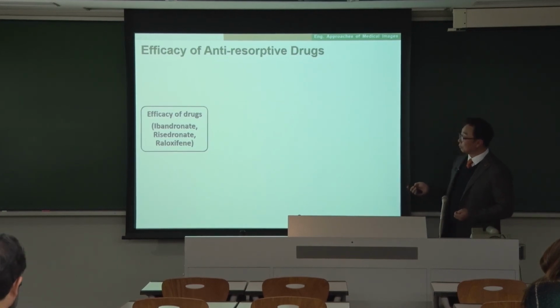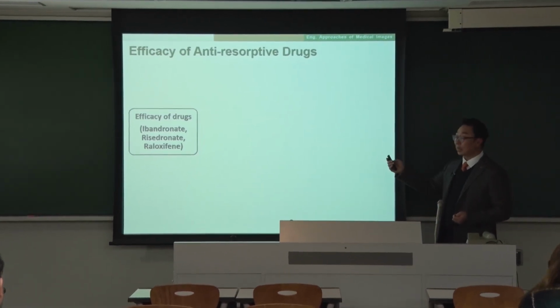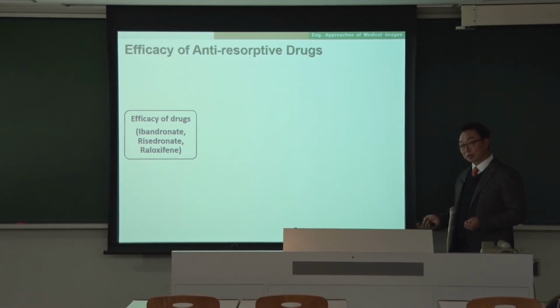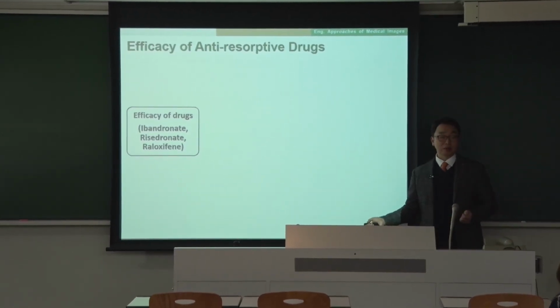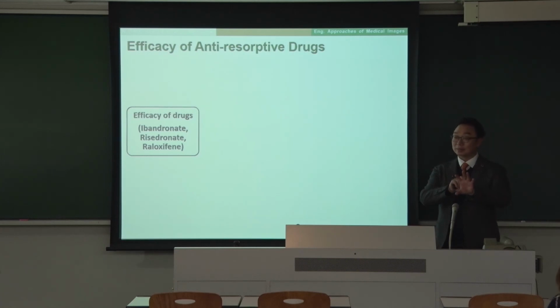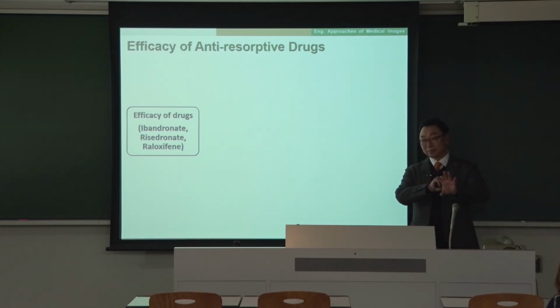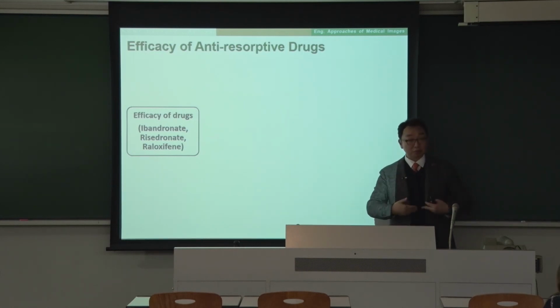So the second part is that, as I said, we want to see the efficacy of drugs. A lot of pharmaceutical companies advertise that, okay, 100 subjects or 50 female subjects take this new medicine. They even get injections. Previously, they had to take it every single day. Also, they have to stay upright because of acid reflux.